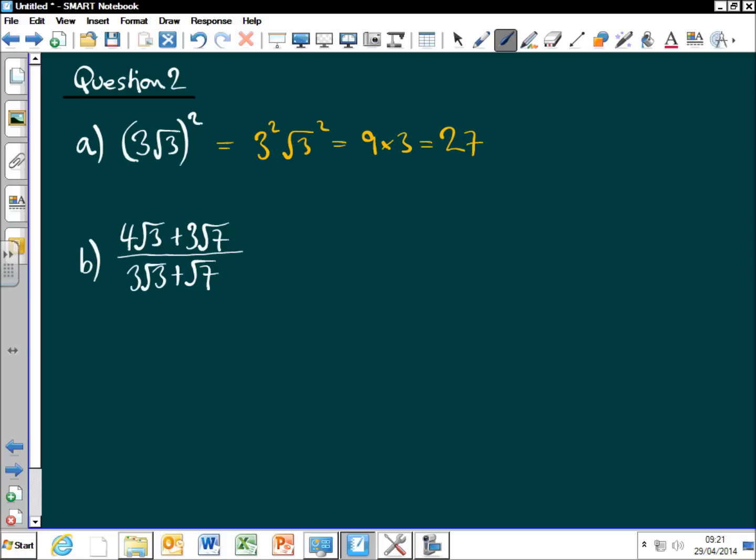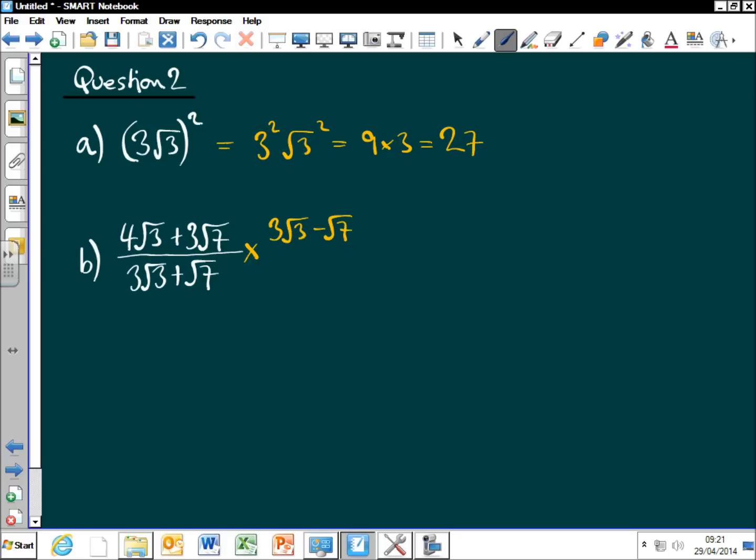On this second one, I'm going to have to rationalise the denominator. And to do this, we multiply by 1 so that the fraction isn't changed. But we write 1 slightly weirdly. We write it as 3 root 3 minus root 7.